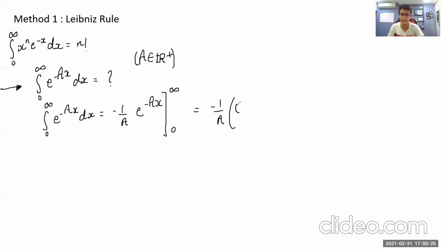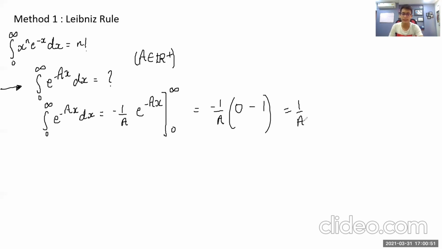So at infinity, this is 0, and at 0, e to the minus a times 0. Anything times 0 is 0, so we get e to the 0, which is just 1, and we do minus 1 here. So the final result is just 1 over a.